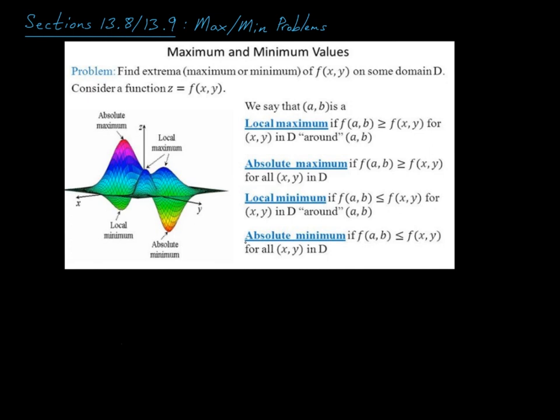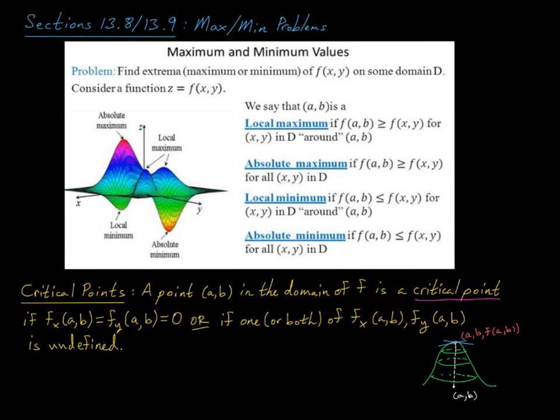All right, cool. So now how do we find the local extrema of a function of a single variable? Well, we started out by finding the critical points. So what are critical points for a multivariable function? Well, we say that a point (a, b) in the domain of f is a critical point if either these two partial derivatives, the x derivative of f at (a, b) and the y derivative of f at (a, b), are both 0, or if one or both of these partial derivatives is undefined.